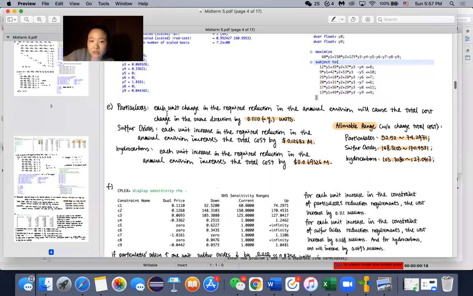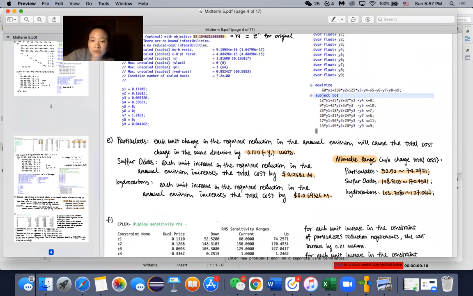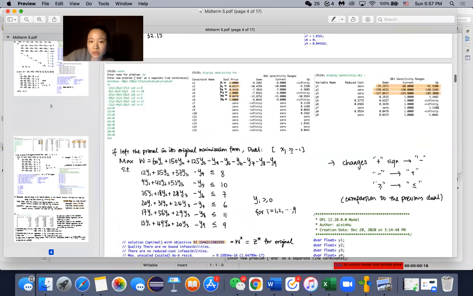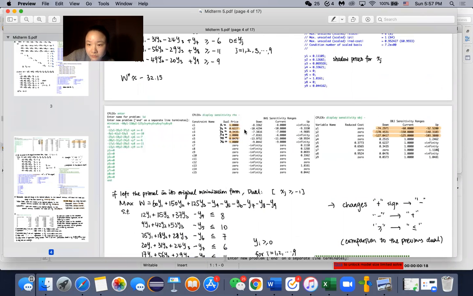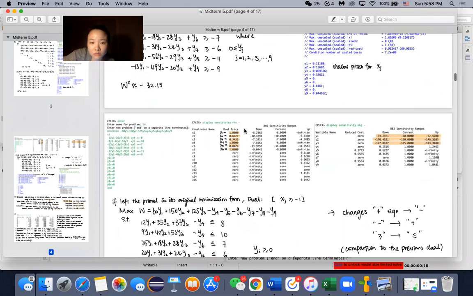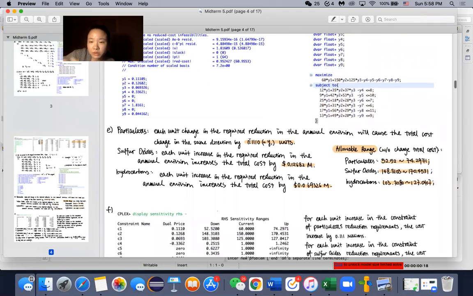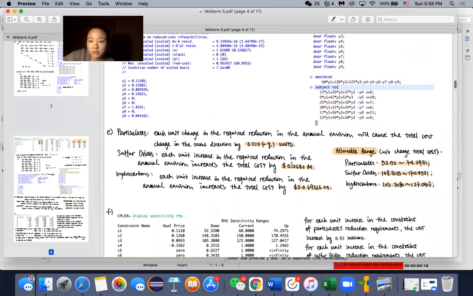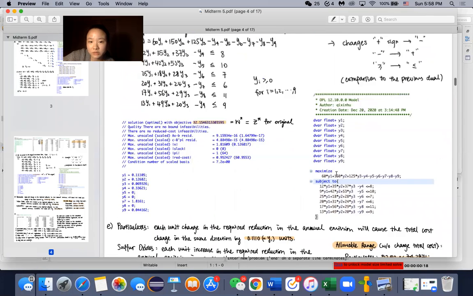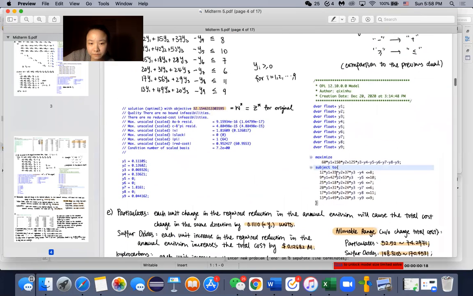For part E, it asks how much a unit change in one pollutant will change the total cost, and in which direction. I said that it will go up by this unit, which is shown in the sensitivity analysis, and this is also shown in the sensitivity analysis.